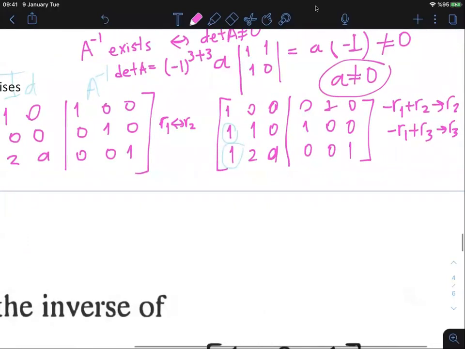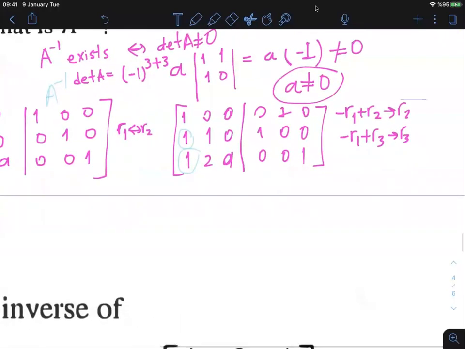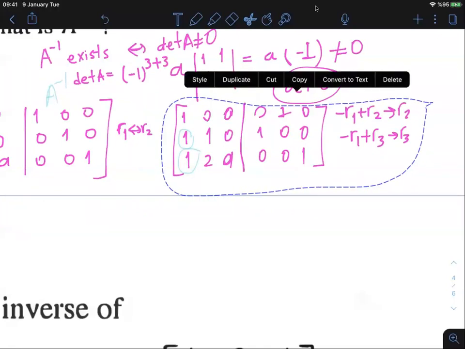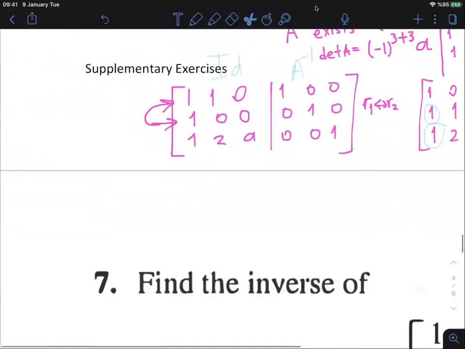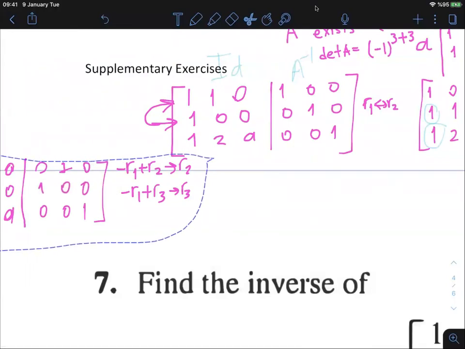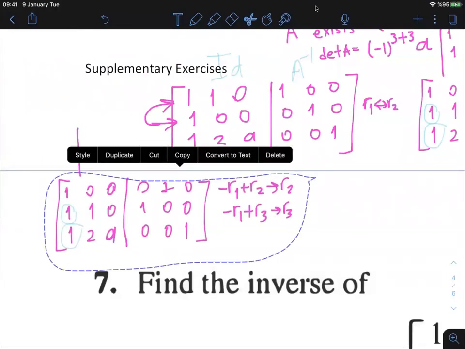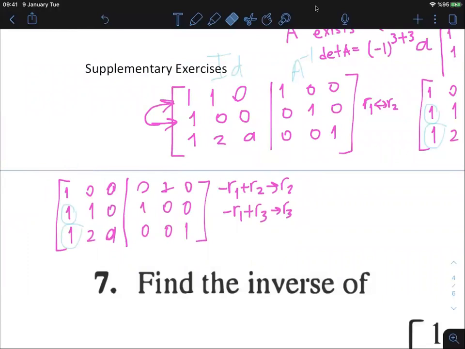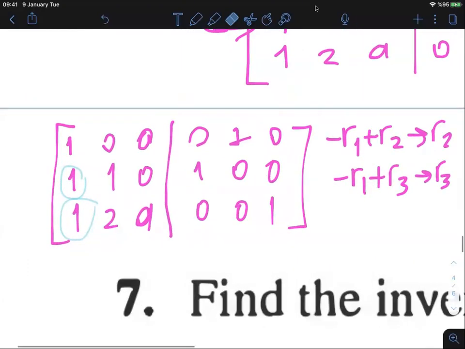So let me copy the whole thing. Okay, so if I use these row operations, this will become 0, and this will become 0.